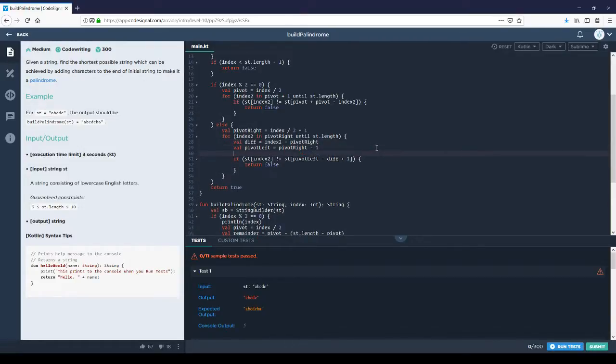So putting this together, it becomes pivot right - 1 minus index 2 plus pivot right plus 1, and this itself is 2 pivot right minus index 2. Two pivot right minus index 2.